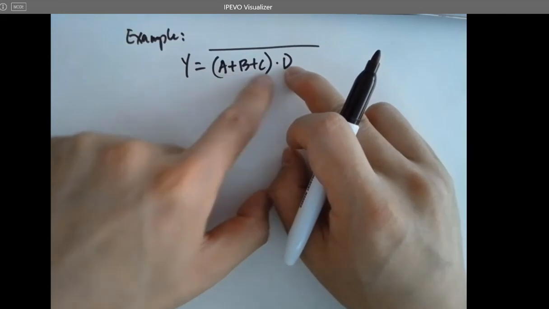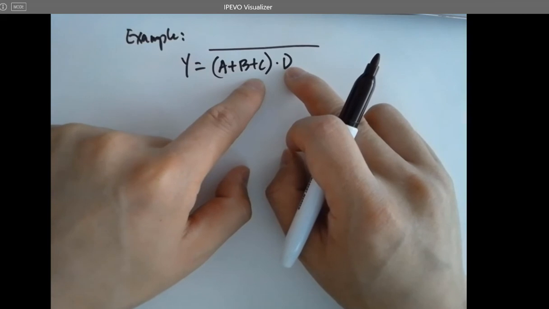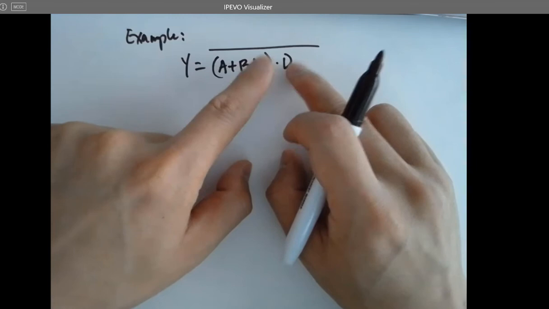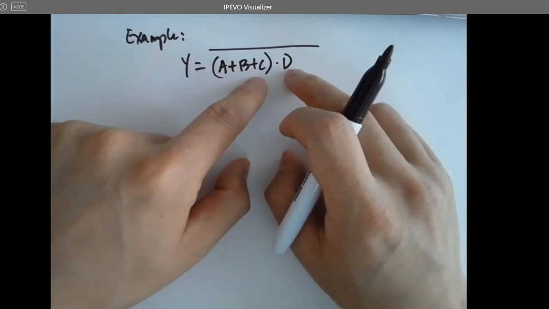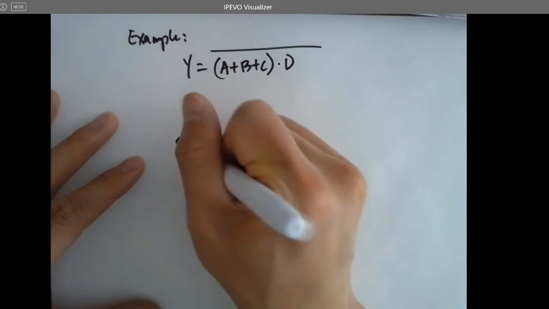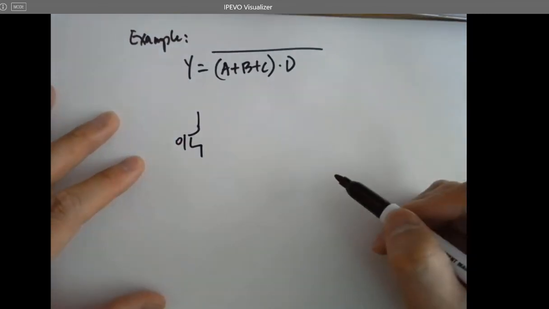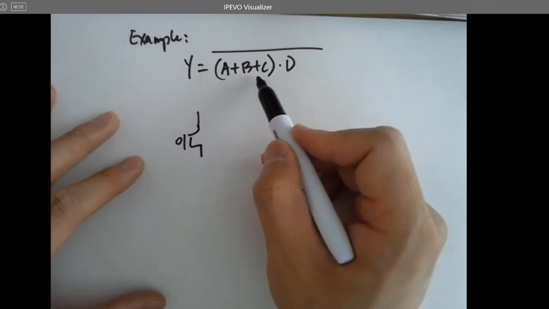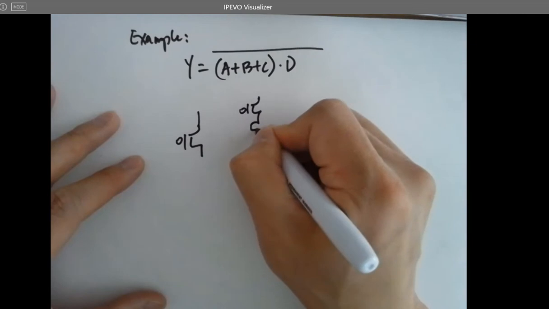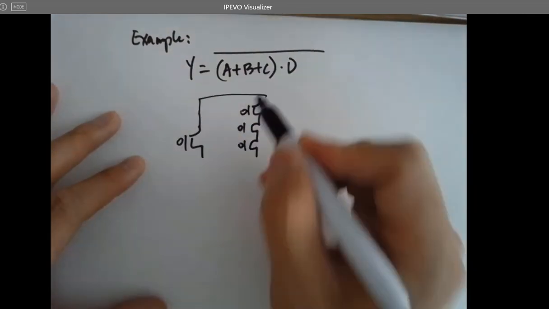So the D signal and whatever here is the AND logic. So for the PMOS part, these two should be in parallel. I'm going to have a D signal here and have whatever here on the right hand side. Since this is an OR logic, they should be in series. Done for the PMOS.